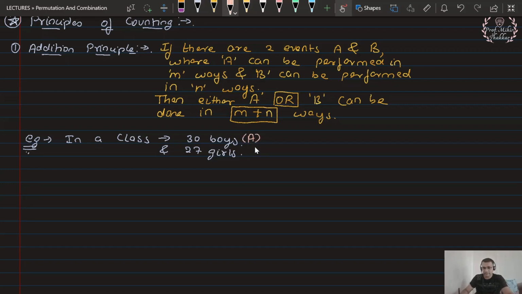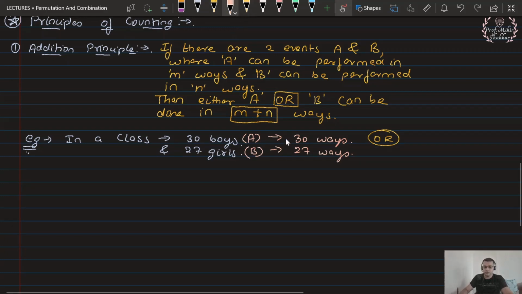So this is my event A, this is my event B. So any one boy can be appointed as monitor in 30 ways. Any one girl can be appointed as a monitor in 27 ways, because there are 27 options in girls and 30 options in boys.